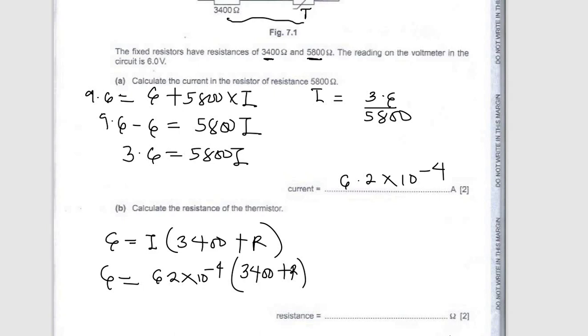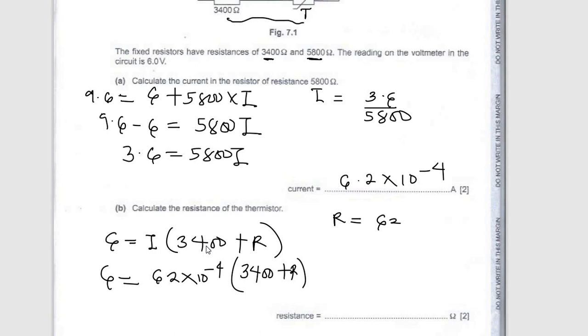So at the end of the day, our R, you do your math, will be 6 over 0.00062 minus 3,400, 1, 2, 3, 4, divided by 6. You do your math.